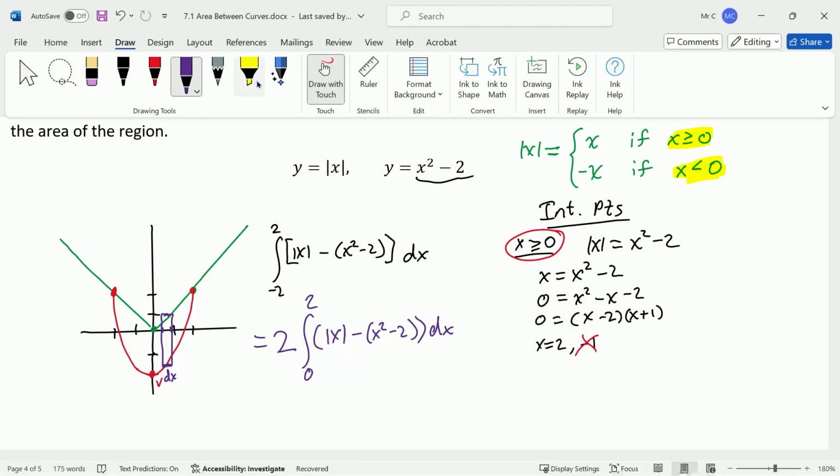And that's great because if my interval is from 0 to 2, then I know the absolute value of x is going to be strictly positive, and I can drop the absolute value symbol at that point. So I can write 2 times the integral from 0 to 2 of x minus x squared plus 2 when I distribute the negative.